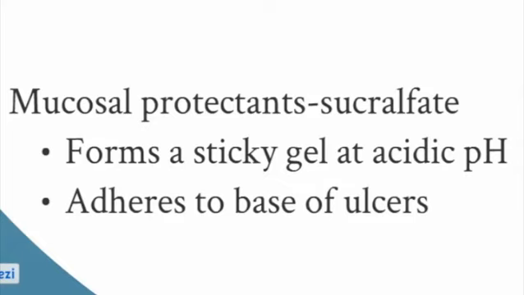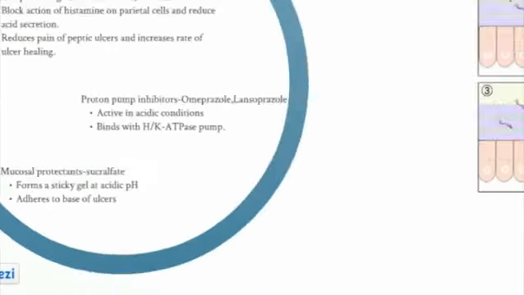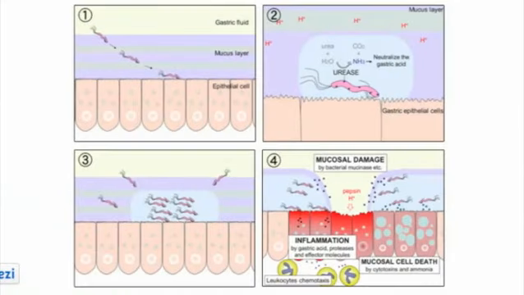Coming on to discuss a key etiological factor involved in gastric ulceration, that is the role that H. pylori plays. H. pylori is a spiral-shaped gram-negative rod found deep in the mucosal layer, where there is a pH of 7, which is an optimal environment for its growth.